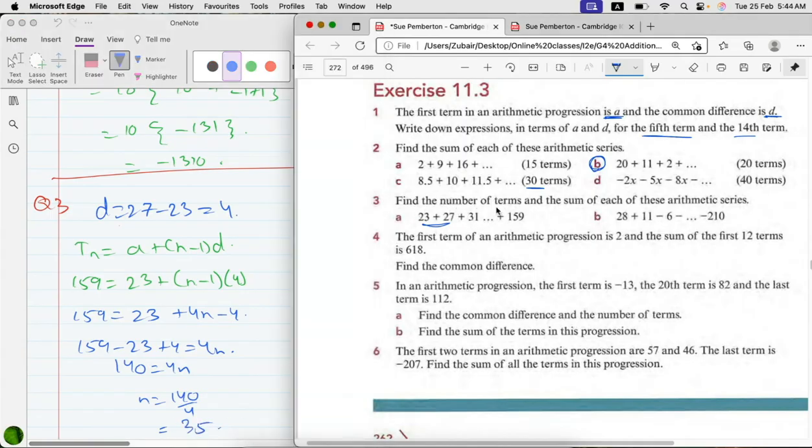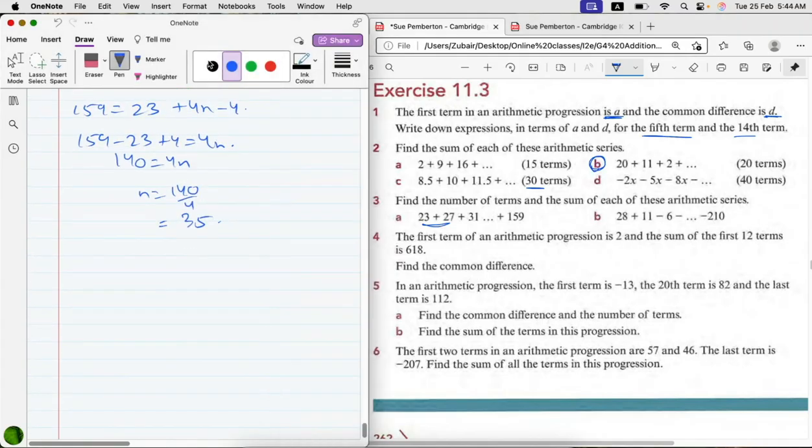So the number of terms in 3a is a total of 35. Now we need to find the sum of the first 35 terms. So the sum is n by 2 into 2a plus n minus 1 into d, for all 35 terms.